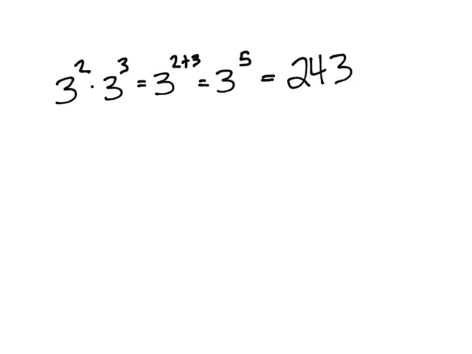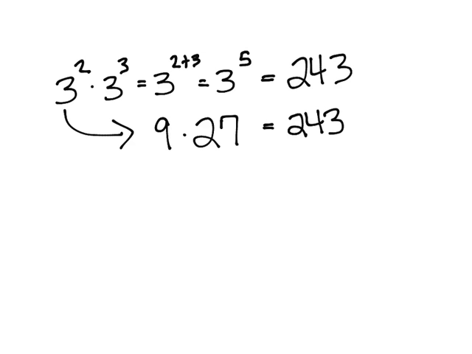To check it, let's look at these equations. 3 squared is 9, 3 cubed is 27, which is also equal to 243. So once again, this shows that we can add our exponents so long as our base, in this problem the base was 3, are the same.